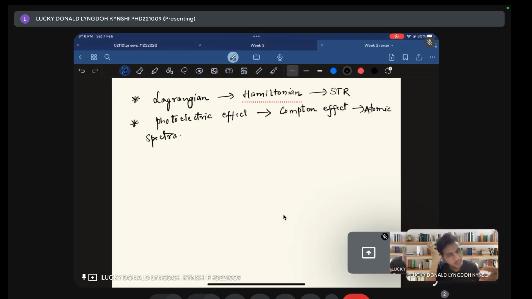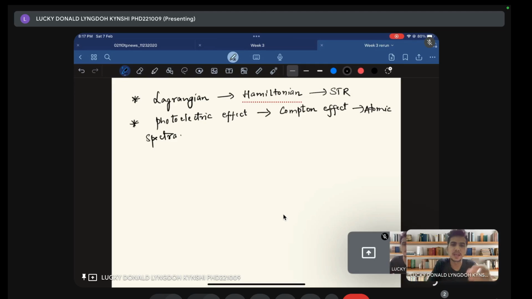Then we also have seen that there were some phenomena like the photoelectric effect and Compton effect, which classical mechanics cannot explain, and we have to add some more terms in order to explain them. That is why we assume a photon as a particle, light as a particle.